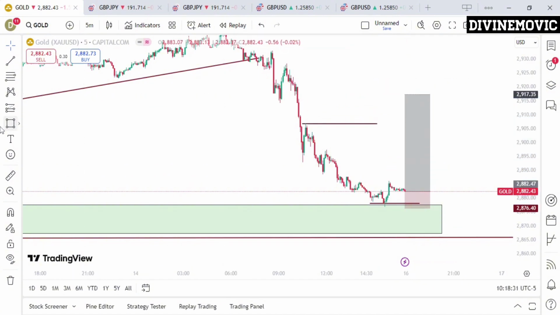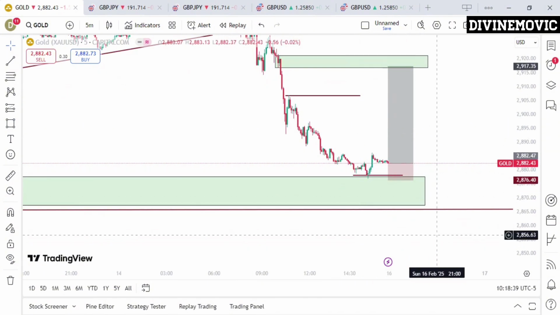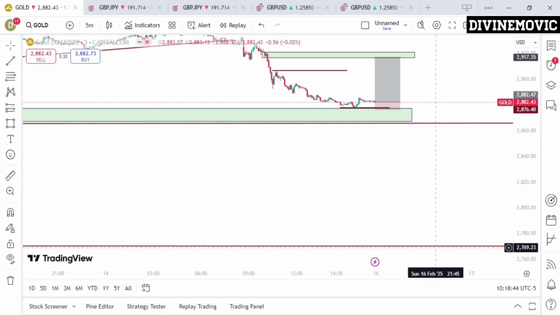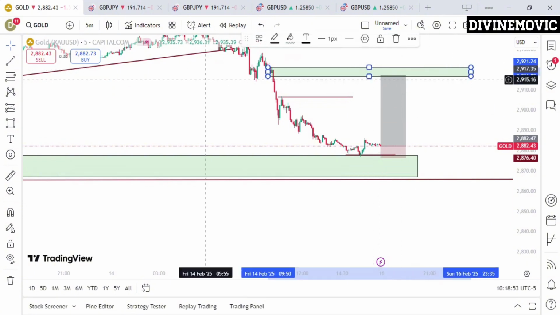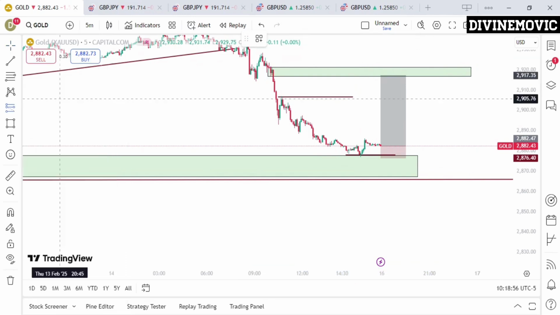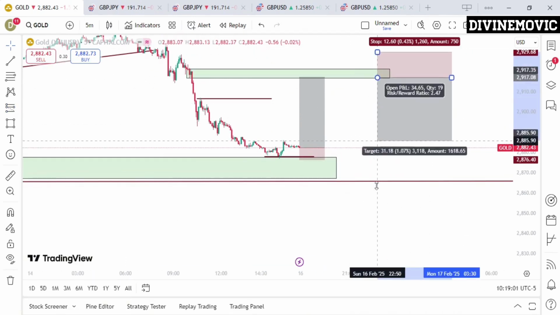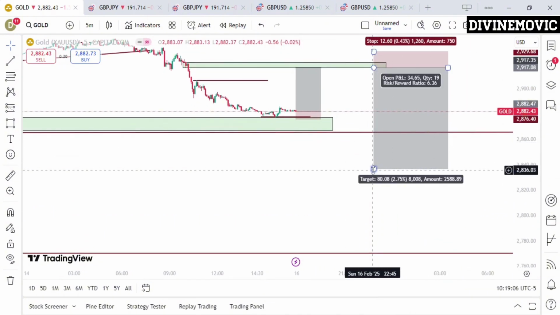That means we're likely going to be expecting price to continue the sell from this level, and most likely price might go to this other low here. What this means is this: an entry on gold is simply to anticipate a short-term buy to this level here, and most likely a long-term sell to this level here.